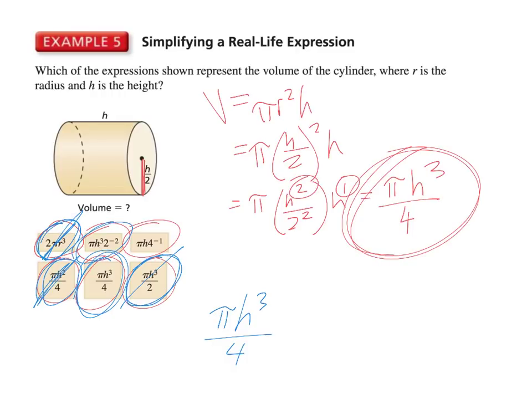How about this one here? It has negative exponents. So let me take that one. Let's see, I'll do some work on the side here. I have pi h cubed 2 to the negative 2 power. Okay, since that has a negative power, I could bring it to the denominator position. And then simplifying it, I get the volume of this cylinder. So this is an answer.